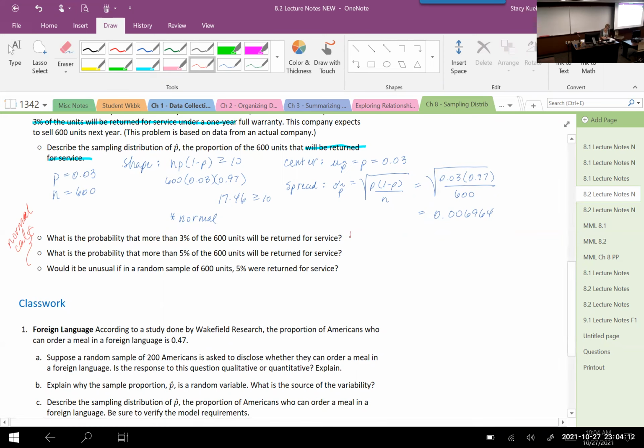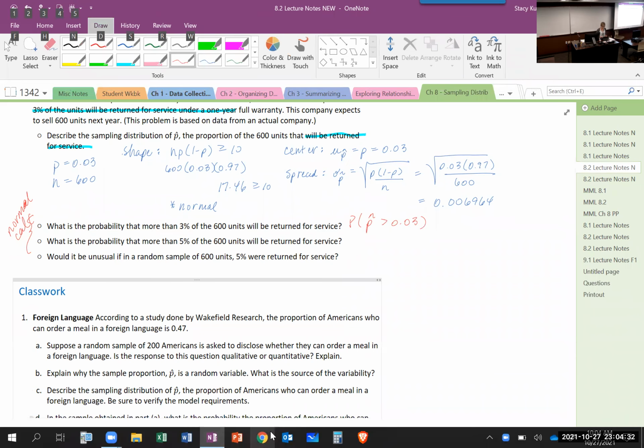What's the probability that I get a sample proportion, p hat, greater than 0.03? That's what we're looking at. So we go to StatCrunch. We have to be logged into StatCrunch, so we're going to go to the normal calculator of StatCrunch.